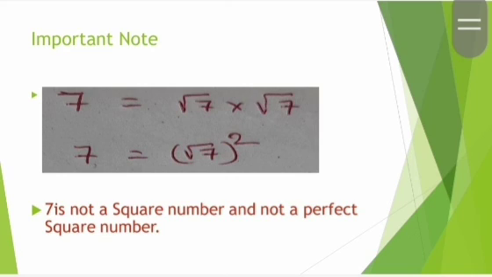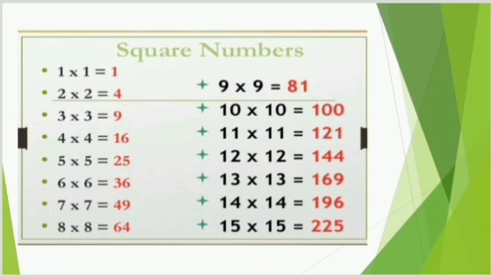It is an irrational number. So this kind of numbers can be expressed as square of roots. Okay children? We have seen two basic definitions of perfect squares and square numbers. We should be able to understand children.